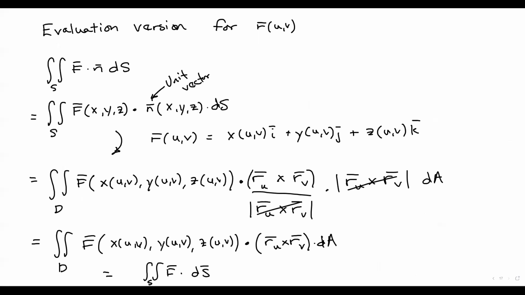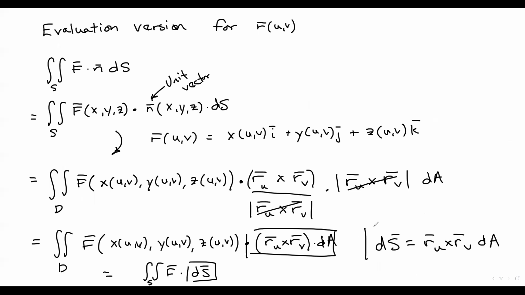I'm going to combine them and say that dS equals r u cross r v dA. We're going to use this when we evaluate flux integrals. The process for evaluating a flux integral is to find this dS, substitute it in, and then do the integral. It just allows us to compartmentalize the problem.